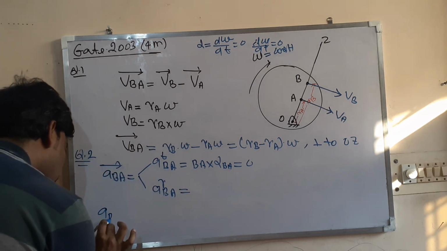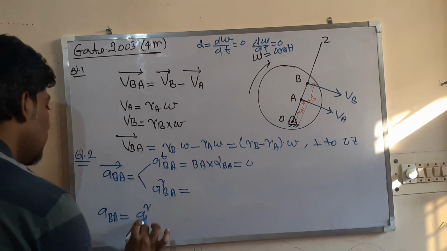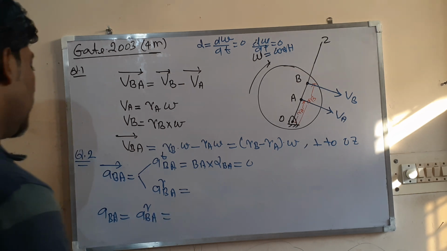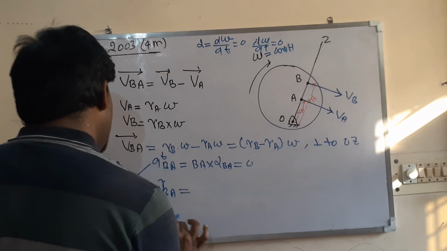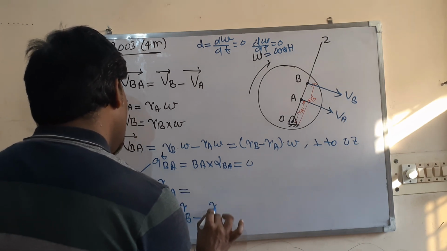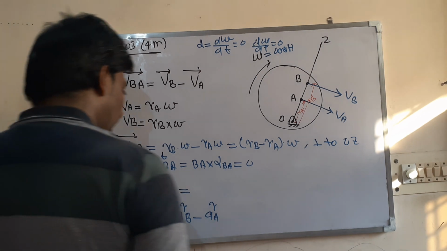So the acceleration of B with respect to A is equal to the radial acceleration of B with respect to A. Radial acceleration of B with respect to A is equal to ARB minus ARA.